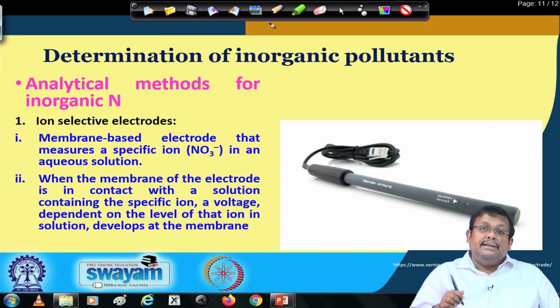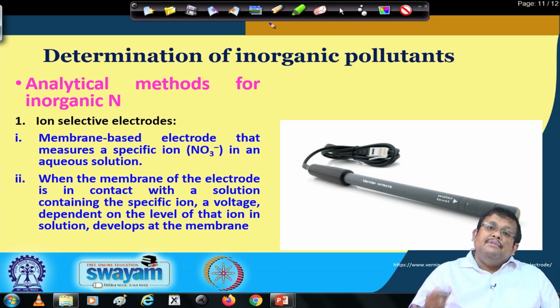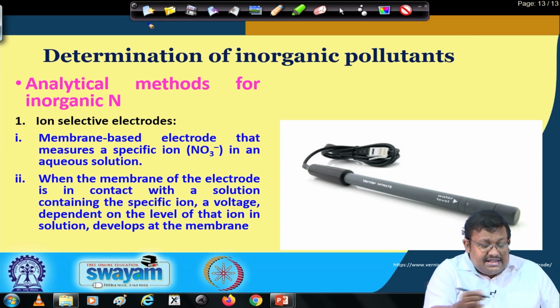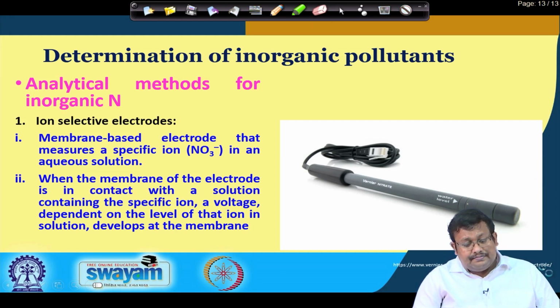When we dip it, the membrane of the electrode comes into contact with the solution containing the specific ion, and a voltage difference depending on the concentration of the ions develops across the membrane, which can then be measured. This is the basic principle of the ion selective electrode.